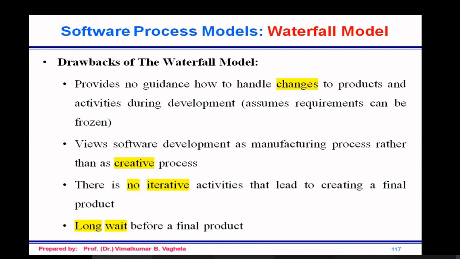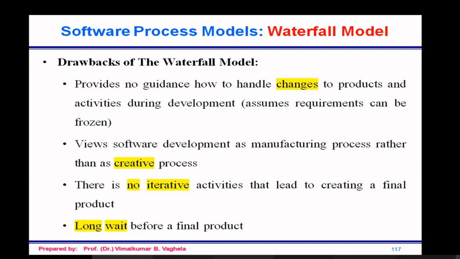There are no iterative activities that lead to creating a final product. Iterative activities are not possible in a waterfall model. Here there is a long wait before the final product. Once you complete all the phases, only then will you get your final product. But if you follow the incremental model or prototype model, at an intermediate stage you are able to get a prototype.